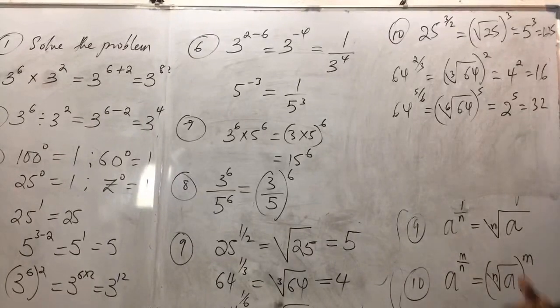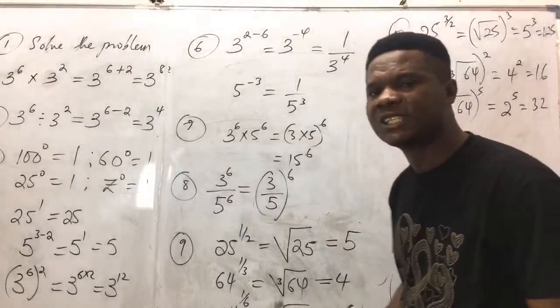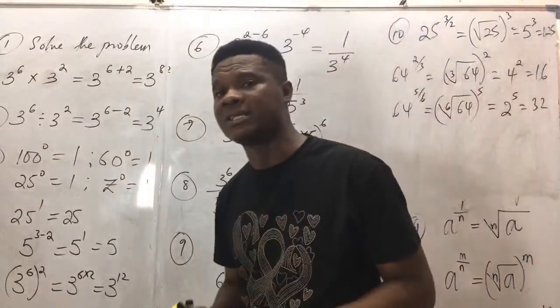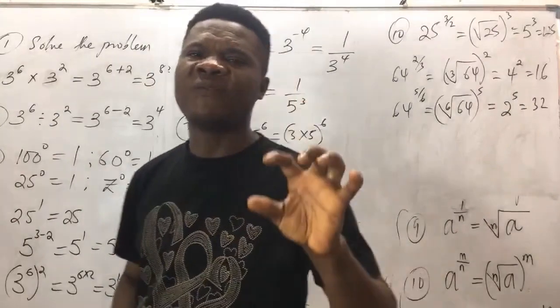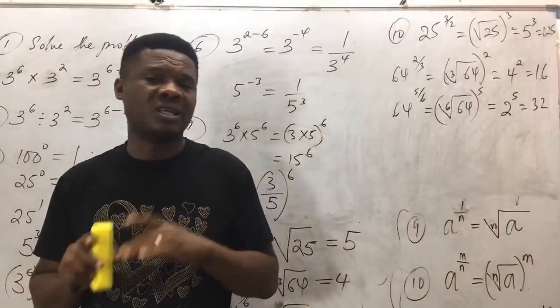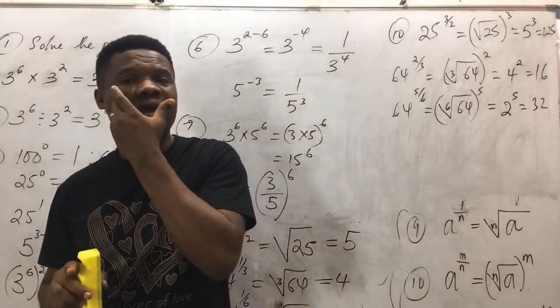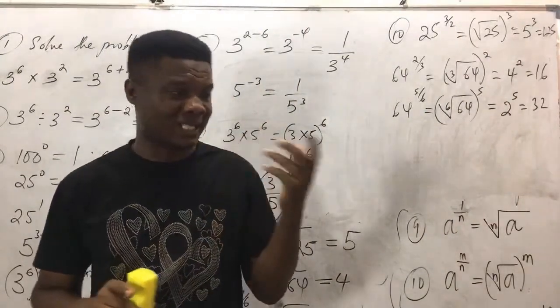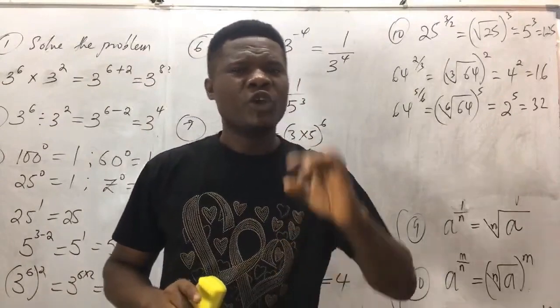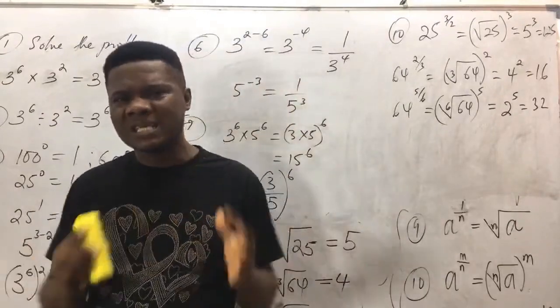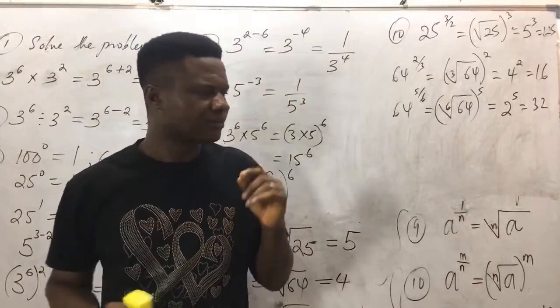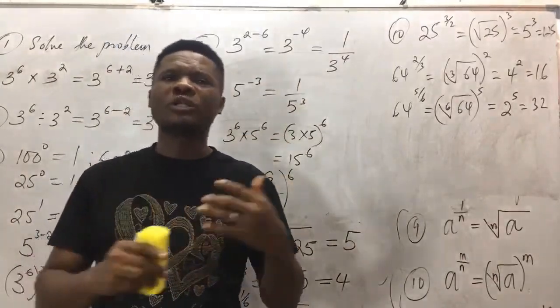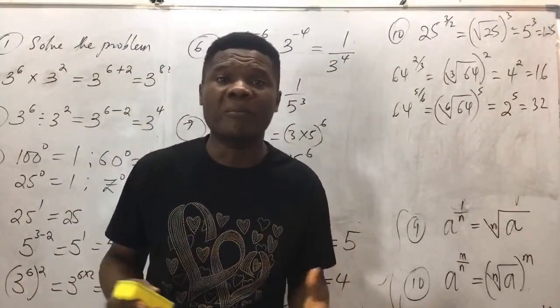Okay, so what have we done so far, guys? In this lesson on indices, the laws of indices, we have defined indices. If you are taking a course on indices or a topic indices in a course like general mathematics 1 or algebra and trigonometry, as the case may be, please take note. You must start with knowing what indices as a topic is all about, followed by knowing what index notation or index form means.